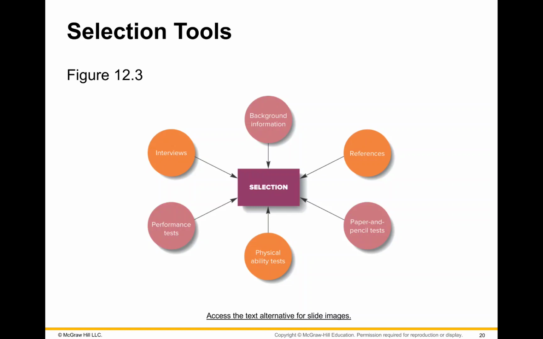There are several tools to help managers identify the relative qualifications of employees. They do some background information, interviews or performance tests, physical ability tests, or paper and pencil tests, or go by references. These are the tools that can help the selection process.